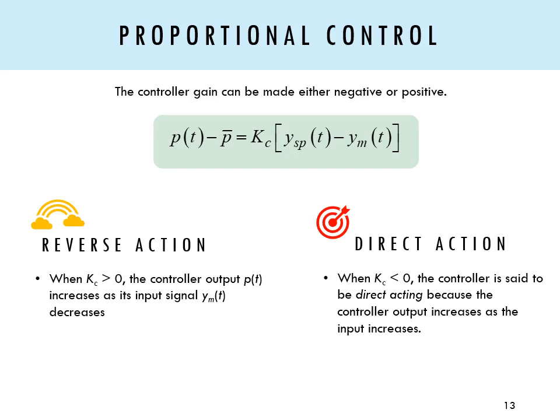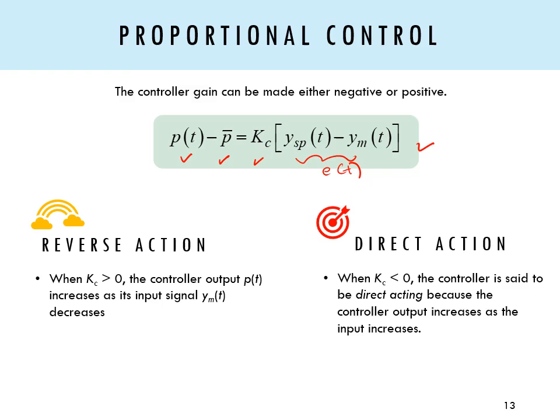The controller gain, Kc, of the proportional control can be made either a negative or positive value. So the general equation for the proportional control is the one in the green box: P(t), the controller output, minus P bar, the bias, equals Kc, the controller gain, times the error.